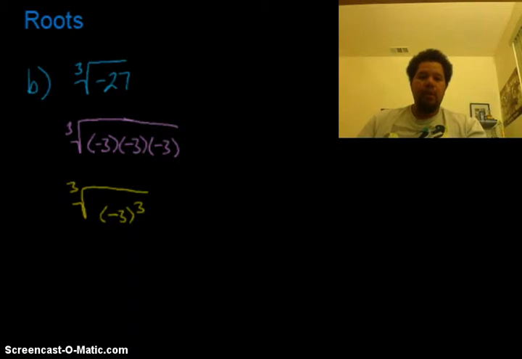So we end up with negative 3 as our cube root of negative 27, because a negative times a negative times a negative gives us a negative. So with cube roots, we're able to find the cube root of a negative number, but with square roots, we cannot find the square root of a negative number.